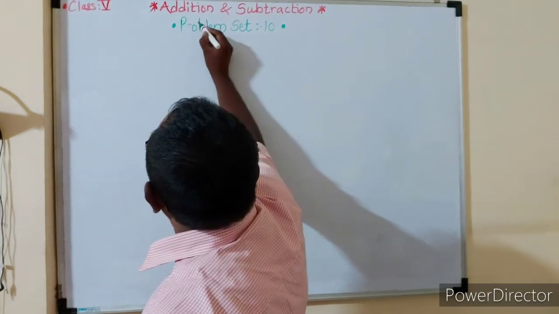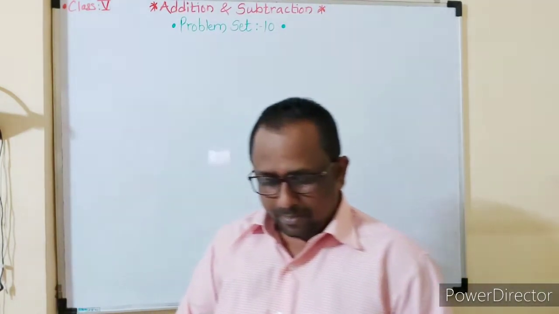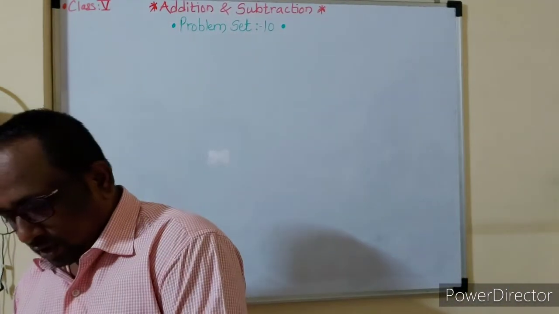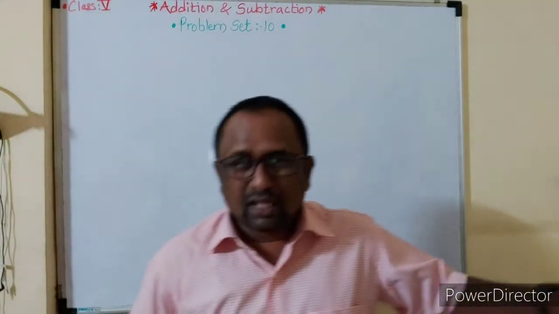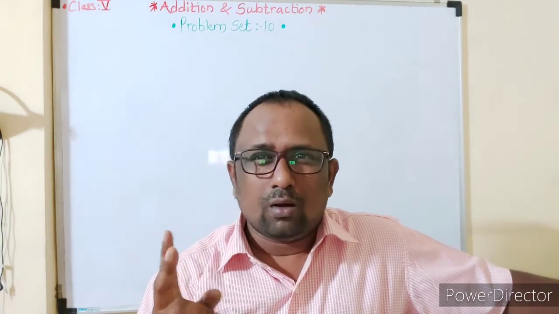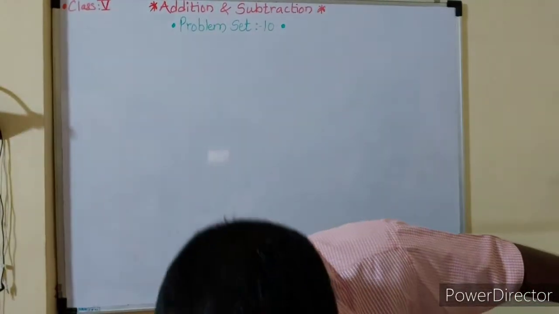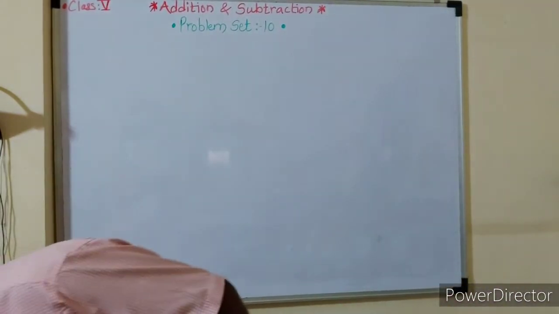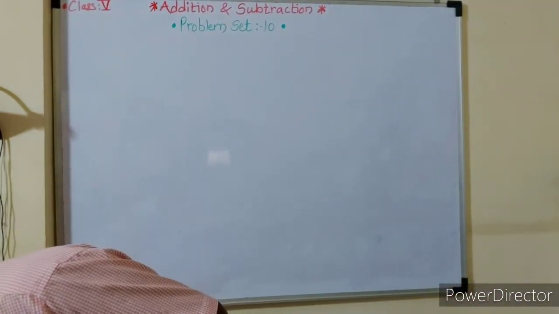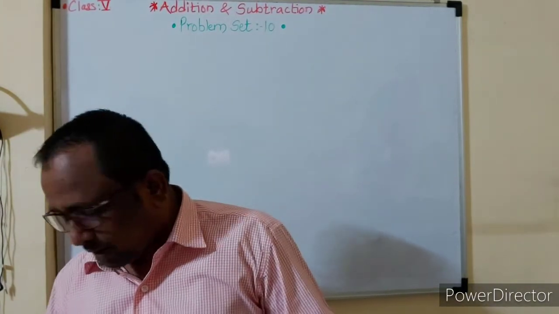These examples are for revision, students. In the previous class you learned this. We will solve just one or two examples, and the remaining examples you have to solve. Here in the subtraction, there are a total of 4 examples.